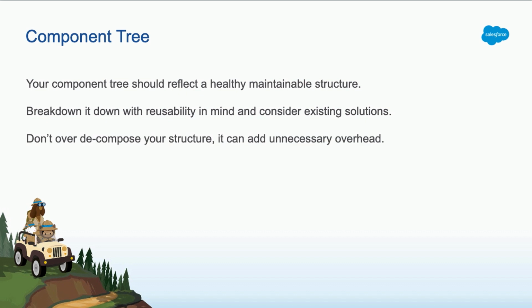But don't overdo it, because if you decompose too much, you can get into maintenance trouble, performance trouble, and so on. And if you're coming from Aura and thinking of porting to LWC, start doing that with full trees. Don't just go component by component, but do trees and dependencies.